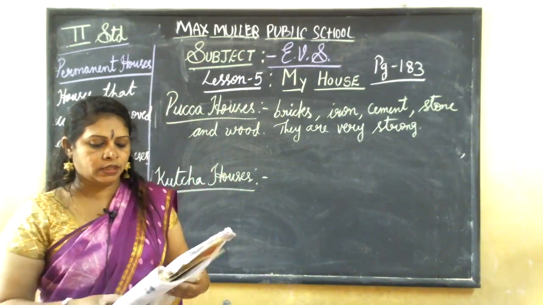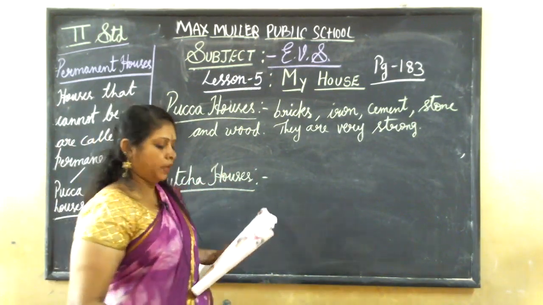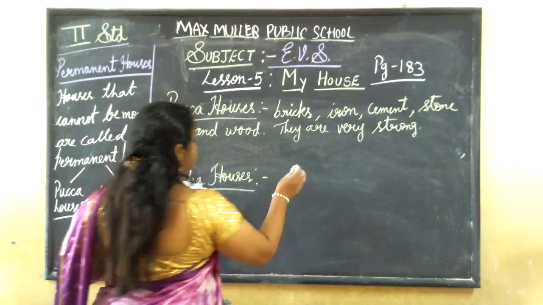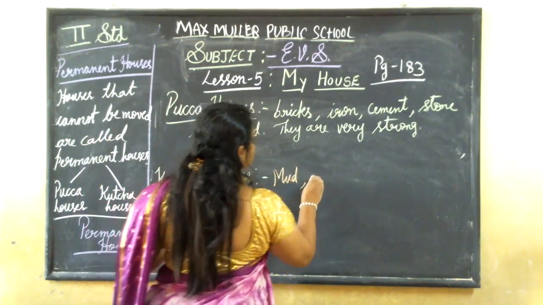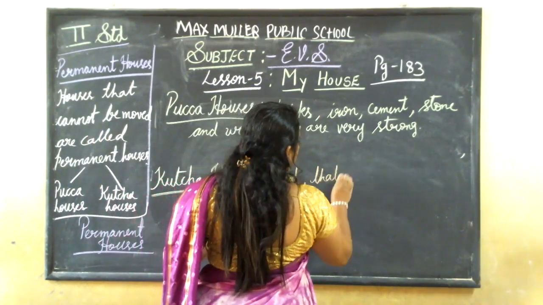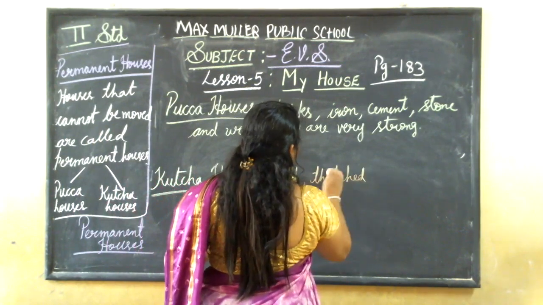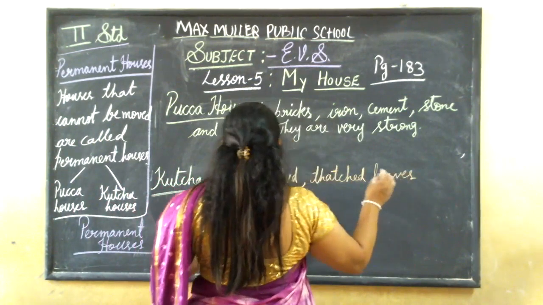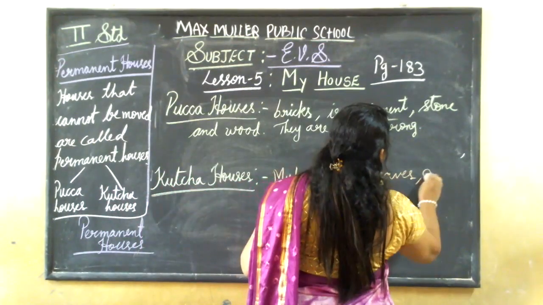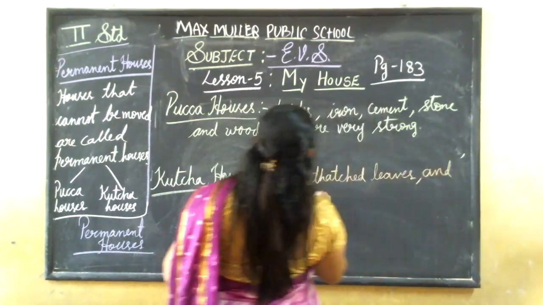How are they constructed? Kacha houses are made of mud, thatched leaves, which means dried leaves, and straw.